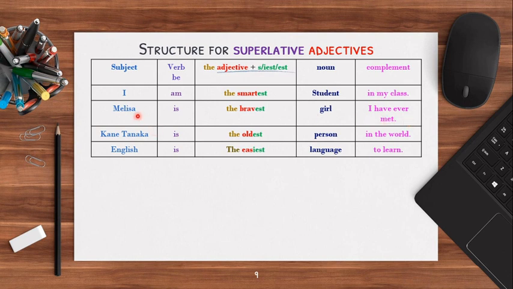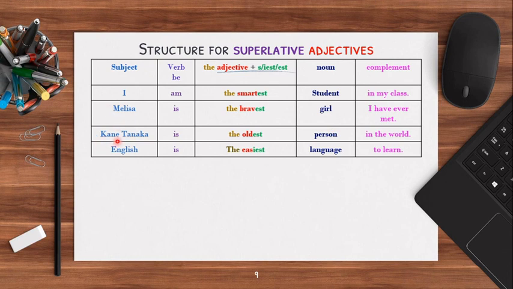You can say Melissa is the bravest person that I have ever met, or Melissa is the bravest student, teacher, principal, or president that I have ever met. So over here you need to relate the noun with the subject, or the first noun.